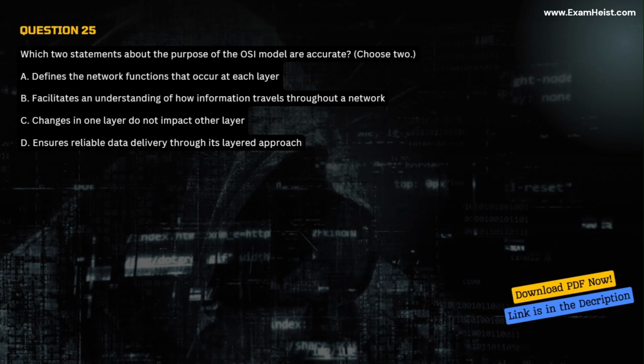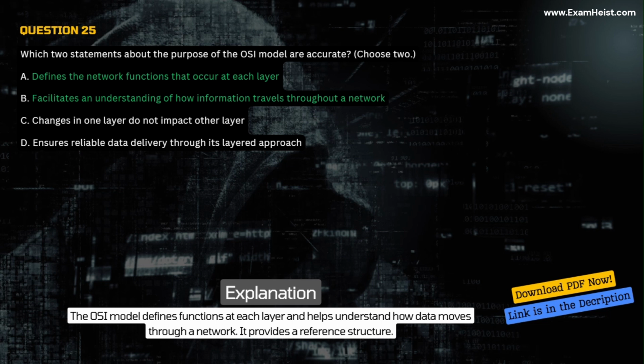D. Ensures reliable data delivery through its layered approach. Correct answer A and B. Defines the network functions that occur at each layer. Facilitates an understanding of how information travels throughout a network. Explanation. The OSI model defines functions at each layer and helps understand how data moves through a network. It provides a reference structure.